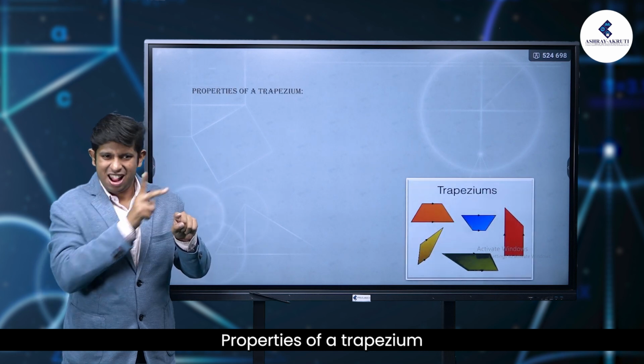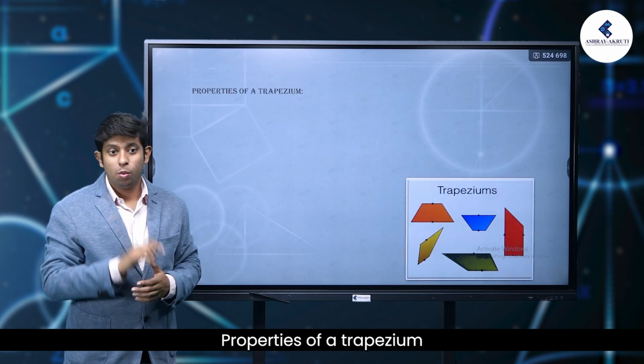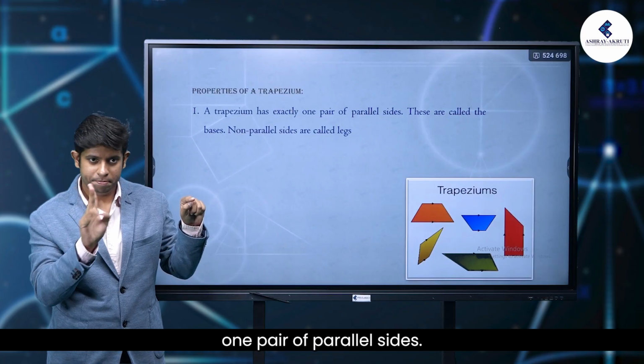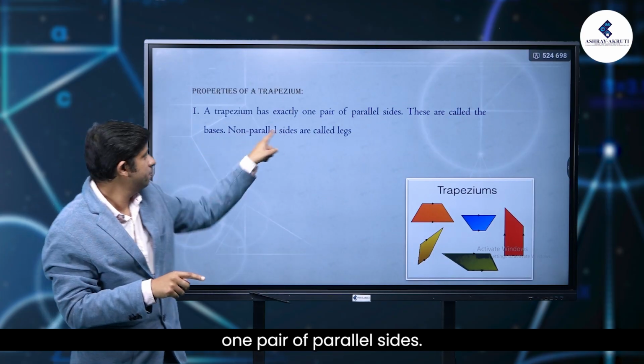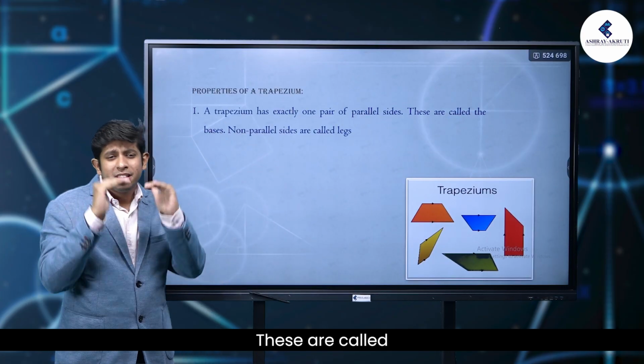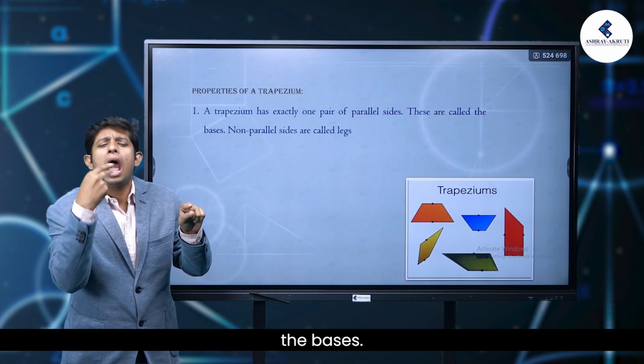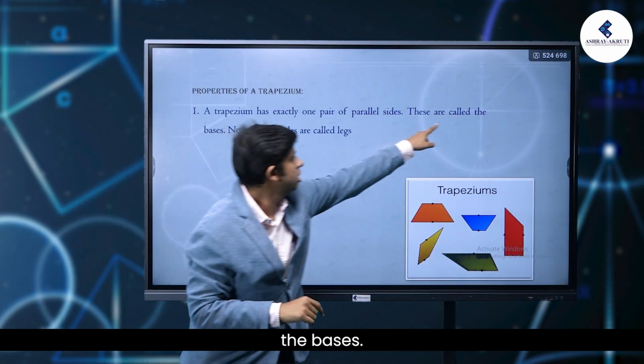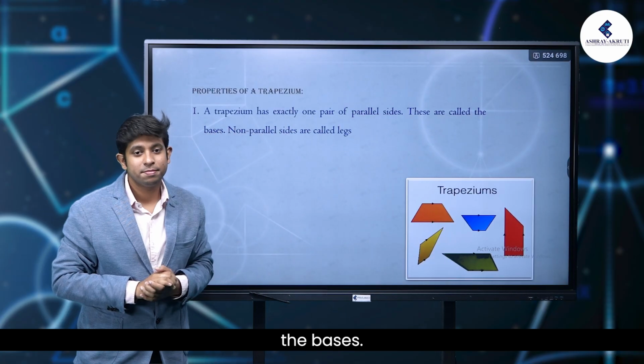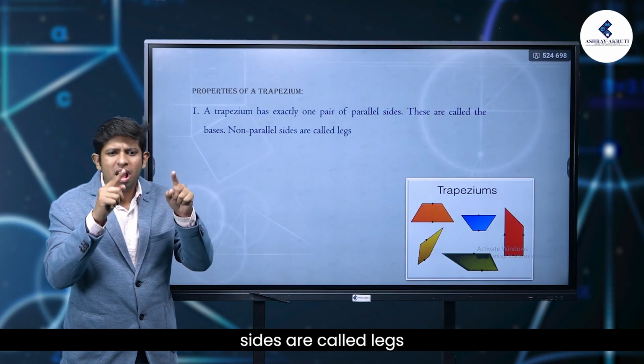Properties of a trapezium. A trapezium has exactly one pair of parallel sides. These are called the bases. Non-parallel sides are called legs.